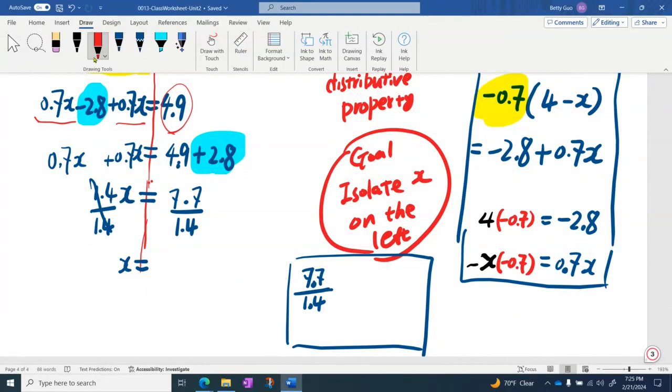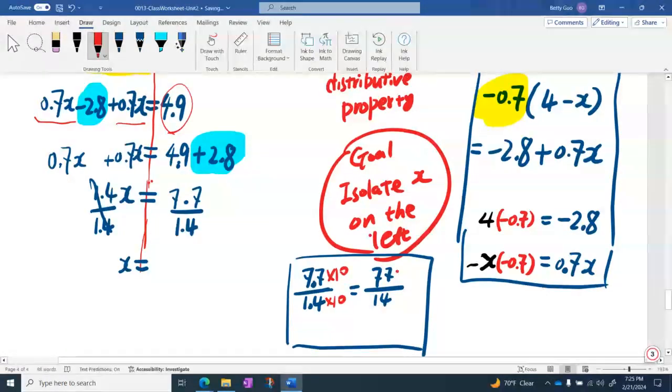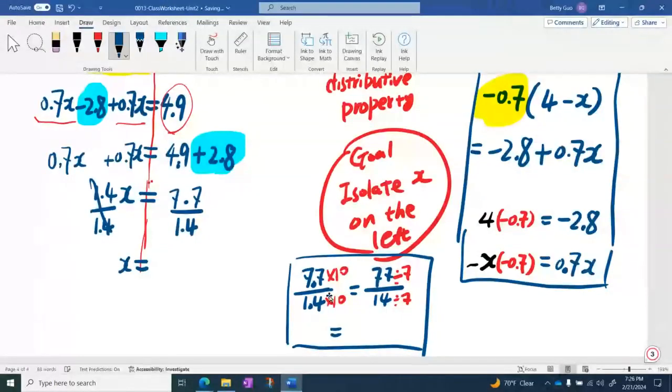What you can do is multiply both top and bottom by 10, and you change both top and bottom to integers. You have 77 over 14, and then you divide the top and the bottom by 7. And you don't have to do this, by the way. If you have a calculator, you really don't have to. And you have 11 over 2.